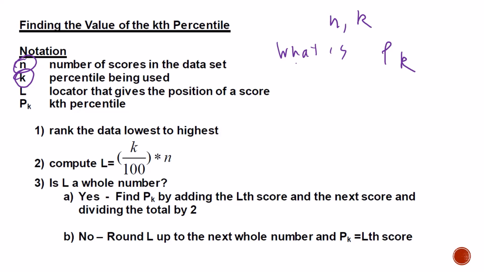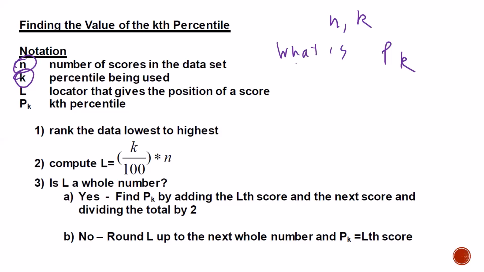You multiply this by N, you will get L, except not really, because most of the time you will not get a whole number. You'll see the intuition for this when we do the example.